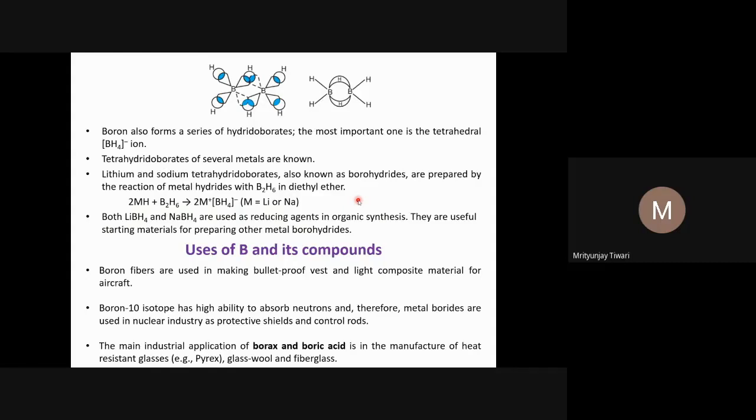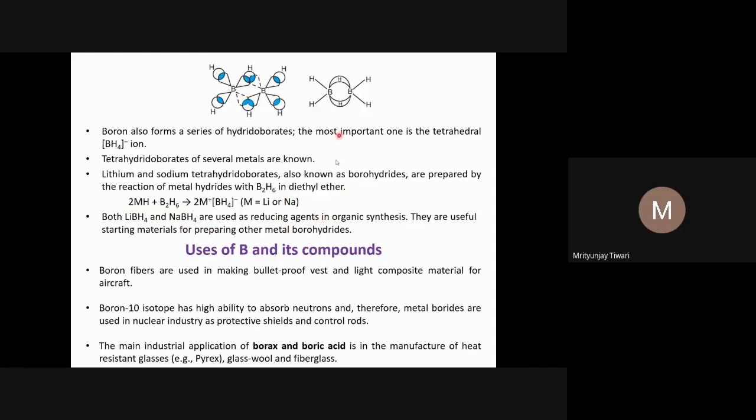Particularly when we study aldehydes and ketones and their chemistry with reduction, we will see the use of NaBH4. So they are useful starting materials. LiBH4 and NaBH4 are also useful starting materials for preparing other metal borohydrides, so one can use these to form other metal borohydrides.